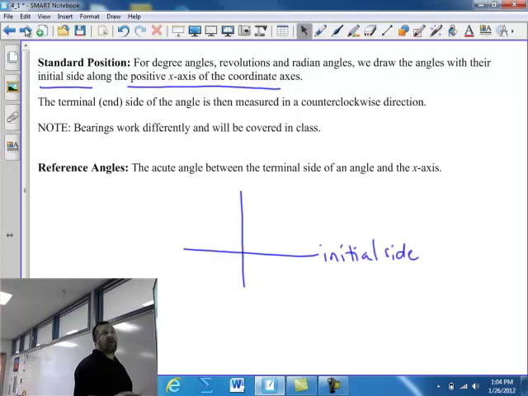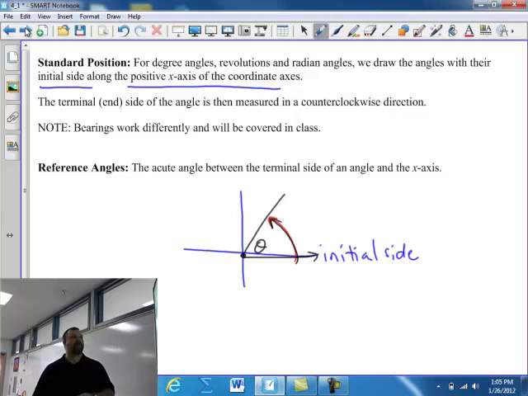We are then going to measure counterclockwise. For those of you with a digital clock, that means we go this way. And the terminal side of our angle will be wherever we stop here, and this will be our angle. So our standard position puts the vertex of the angle at the origin, initial side on the positive x-axis, opening counterclockwise. All right, bearings will be different.